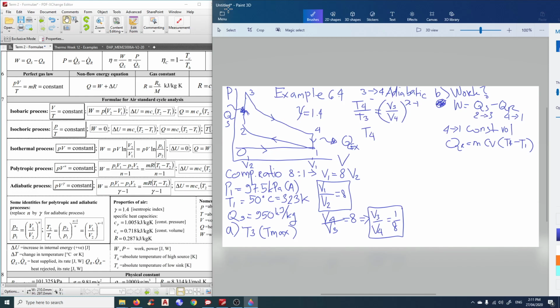T4 divided by T3, which we calculated before, 2065 Kelvin, equals (1 over 8) to the power of 1.4 minus 1. Just going to put a line here so you're not getting confused. Solving for T4 is 899 Kelvin.